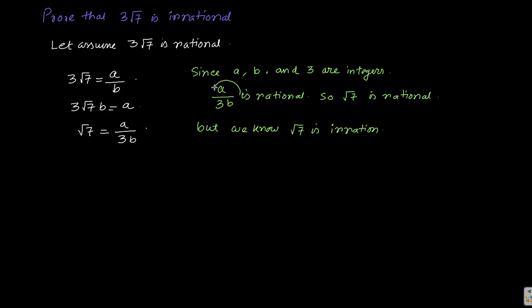Here if a by 3b is rational, then root 7 is also rational, but we know that root 7 is irrational. What does it mean?